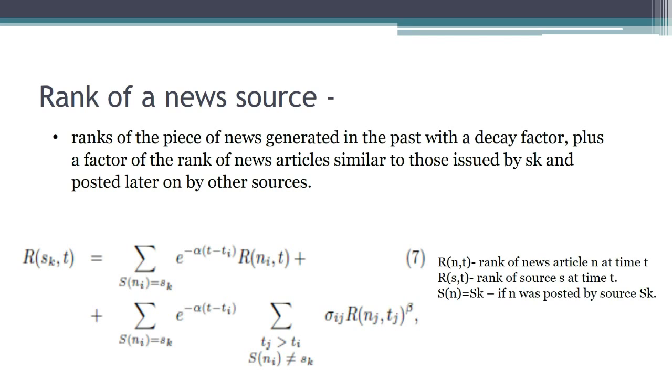The rank of a news source equals all the rankings of articles generated in the past, plus the rank of news articles that were posted by other sources that are similar to those issued by our news source, where this little factor here shows how similar the two articles are.